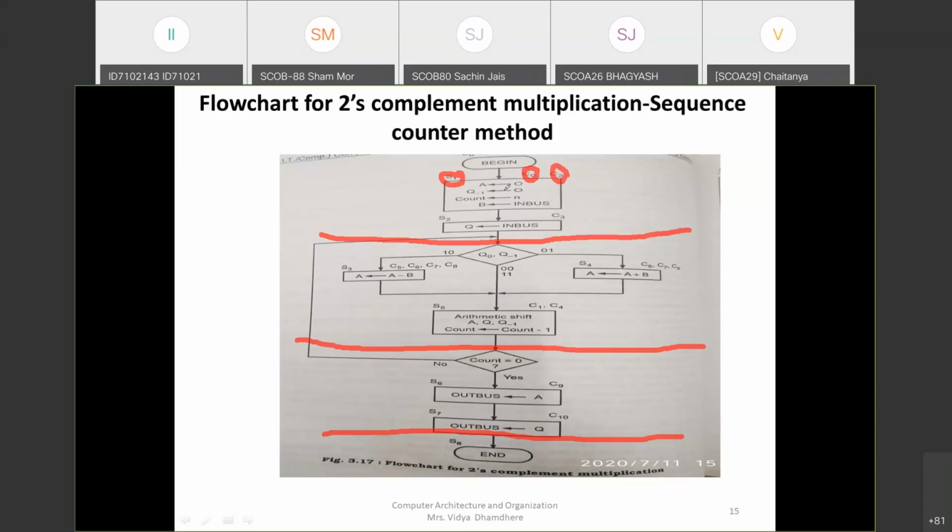Then Q minus 1 we have to set as 0. Next, the counter is set as n, where n is the number of bits on which we are going to perform the operations. B is the multiplier and Q is the multiplicand. Like this we have taken.